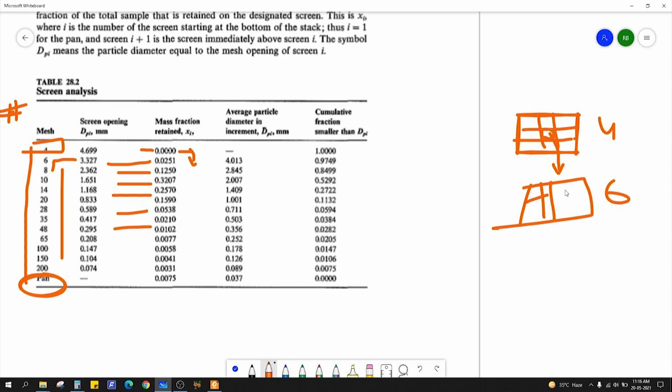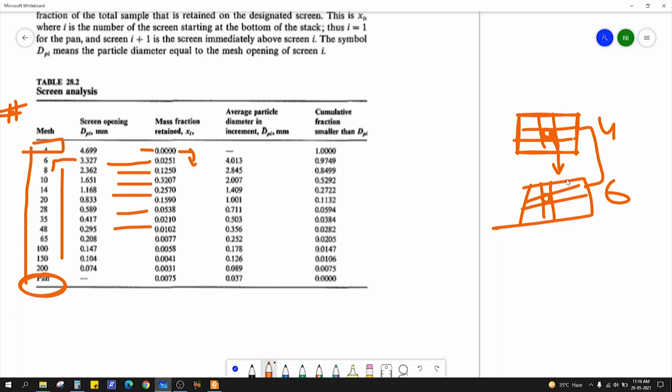So the actual average particle size will be the average of these two openings, because particles with a size exactly the same as the opening size of mesh 4 will just pass through it, and it will be retained on this.